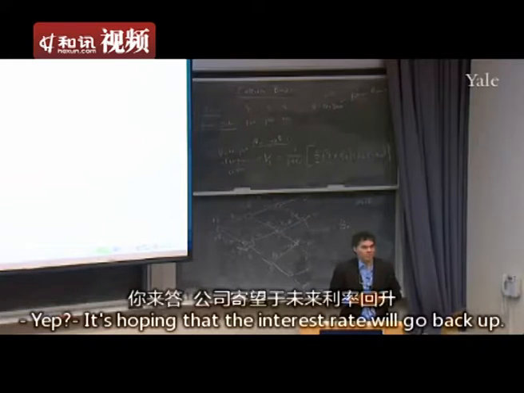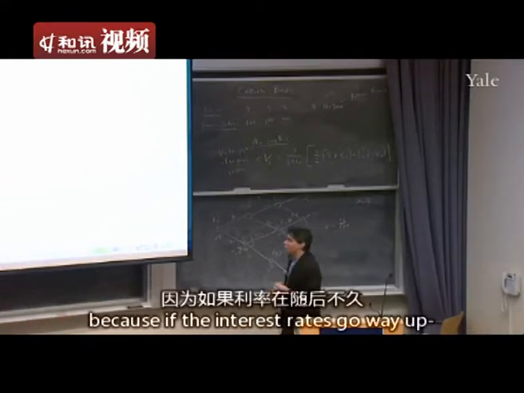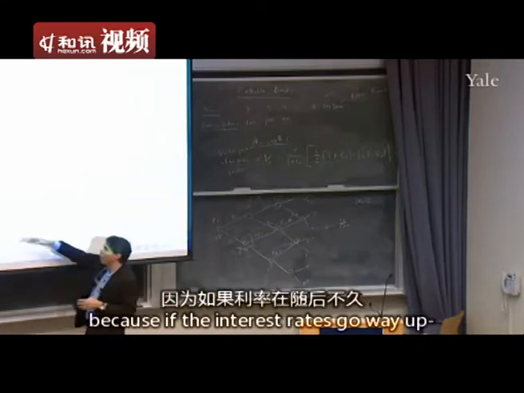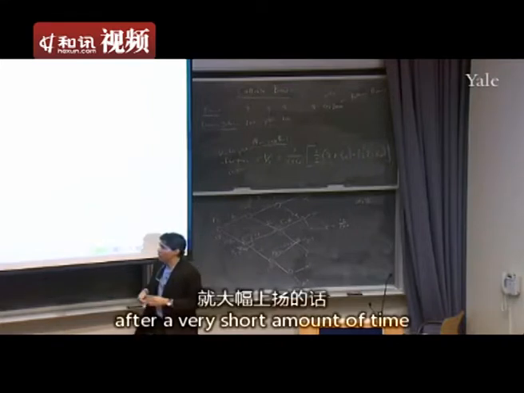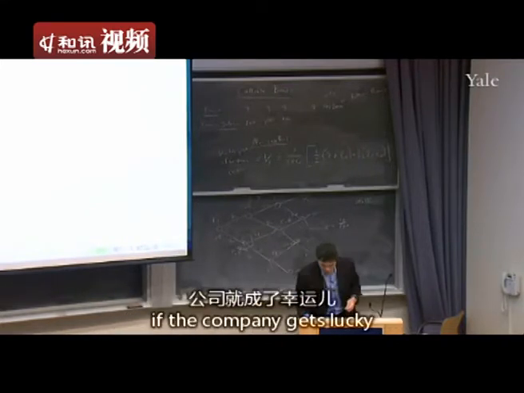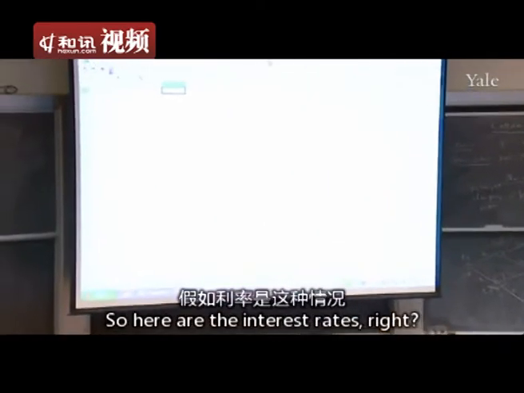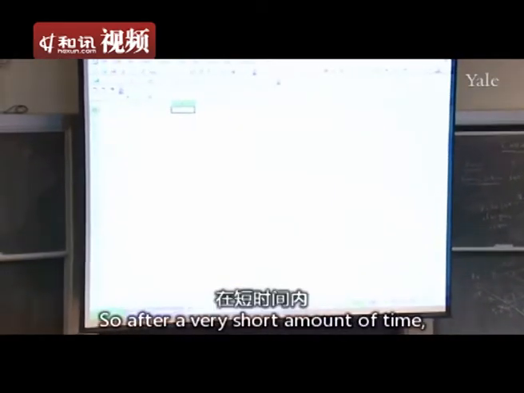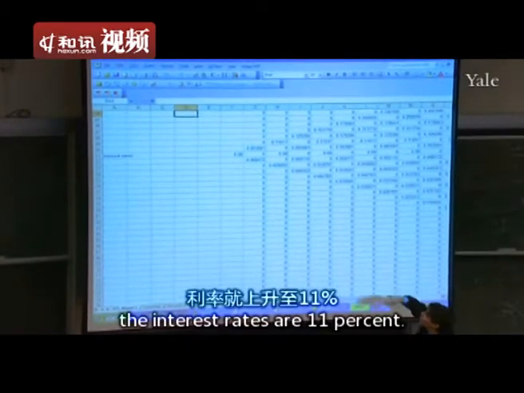Yep. It's hoping that the interest rates will go back up. Exactly. Because if the company gets lucky, the interest rates are going to go up. So here are the interest rates, right? After a very short amount of time, 2 years, you get the up move, and the interest rates are 11%.